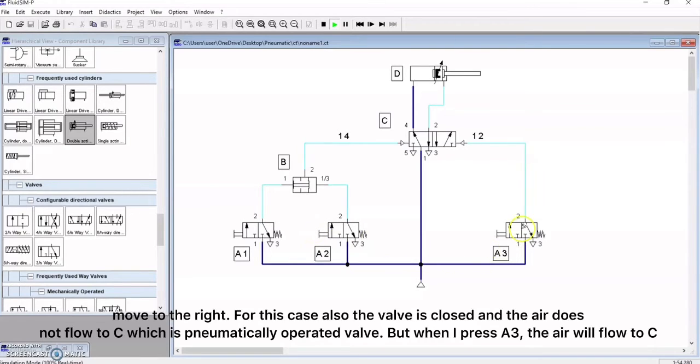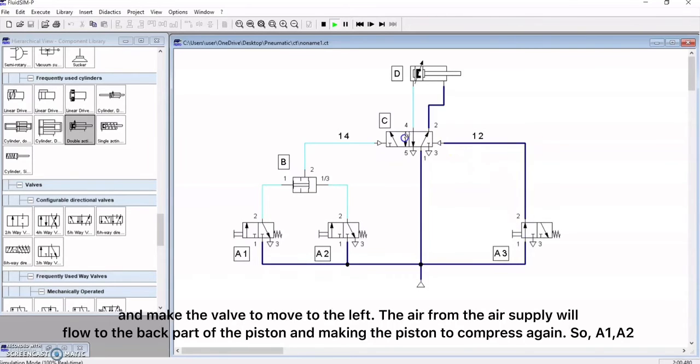But when I press A3, the air will flow to C and make the valve move to the left. The air from the air supply will flow to the back part of the piston, making the piston compress again.